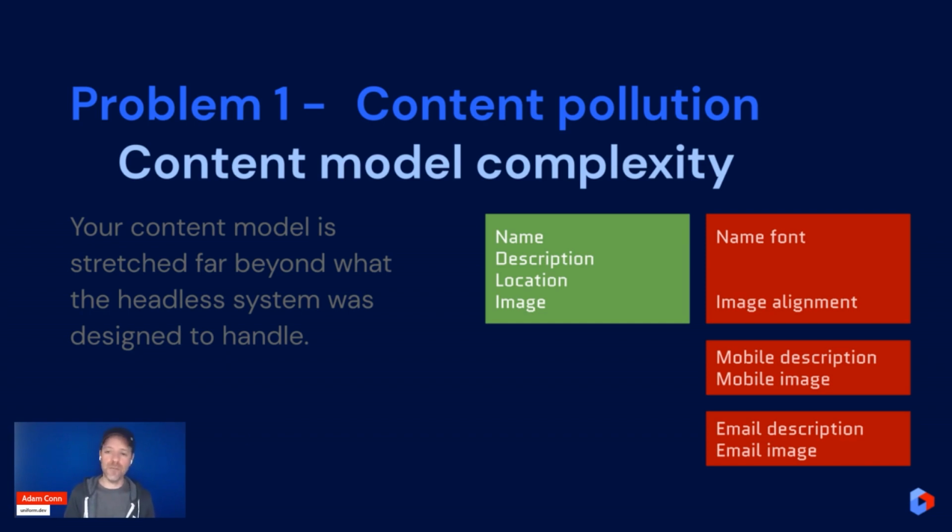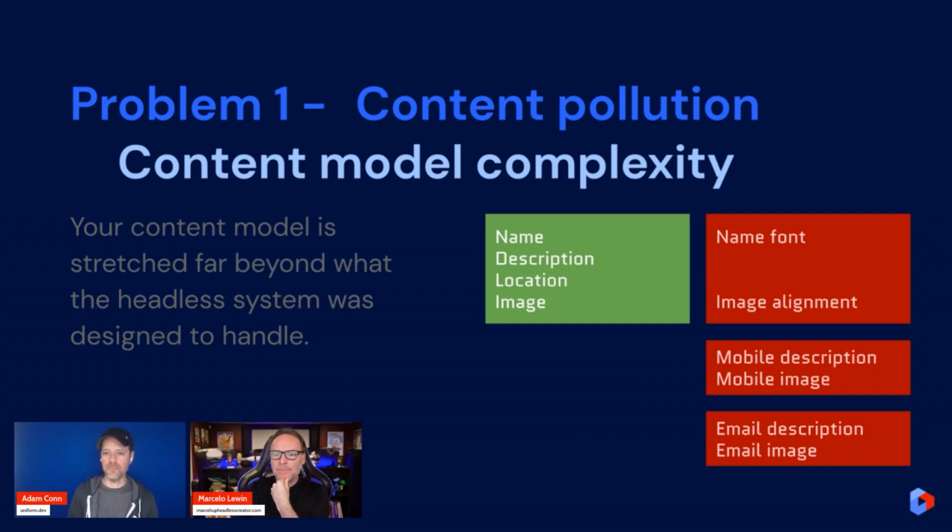But then you need to support other channels, so you add fields for mobile. And then you need to support email, so you add a few more. And the reason this happens is because there really isn't any other place to put this information. So you end up putting it in your headless content system. And if I can add, by the time you're done with that, you've actually tied your content model to the look and feel of your site, your email, and all that.